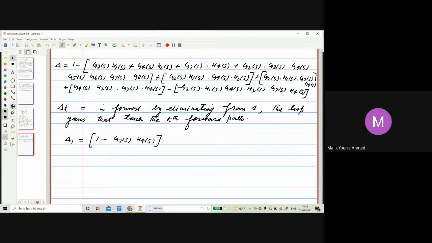Then substituting the above values in the formula, therefore the transfer function G of S, which is equal to C of S by R of S in general, will be T1, only one forward path, delta 1.